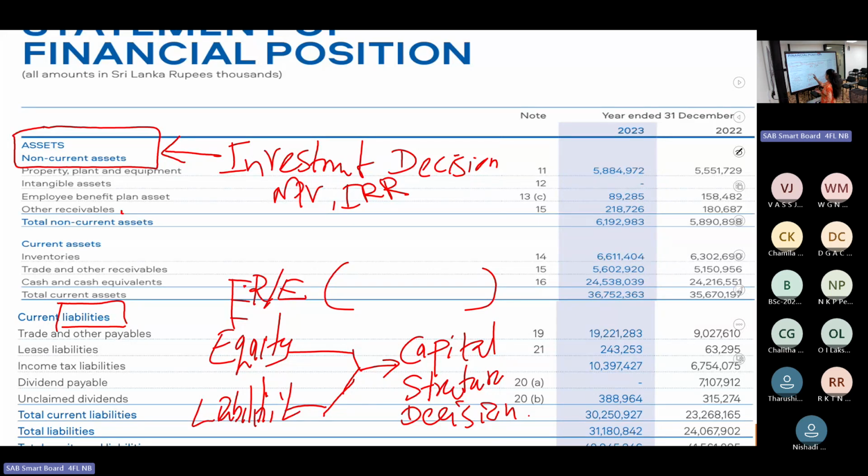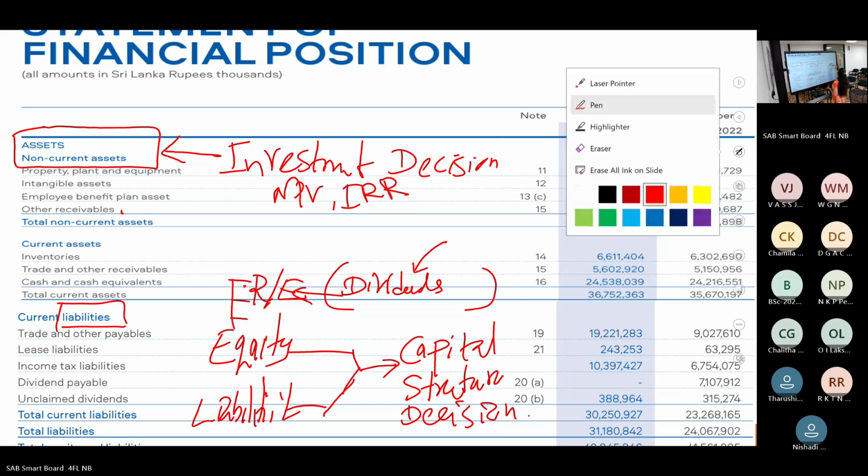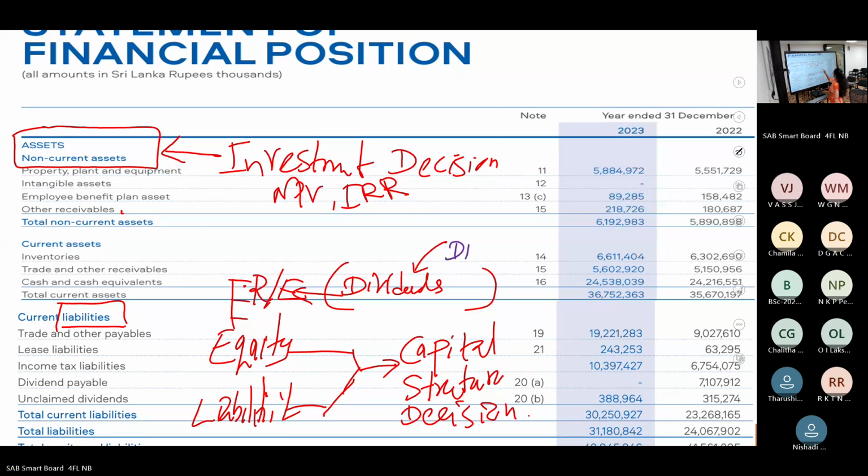So retained earnings, which is included in the equity, are linked with dividends. If it is dividends, definitely the company has to make a decision, the dividend decision.